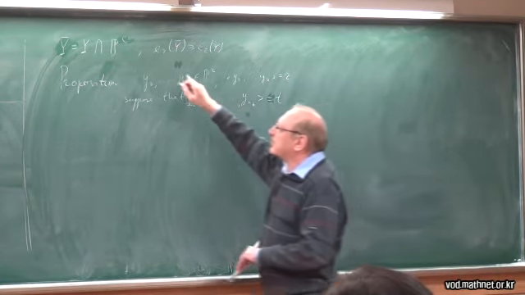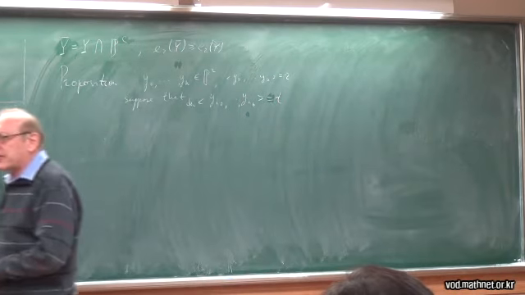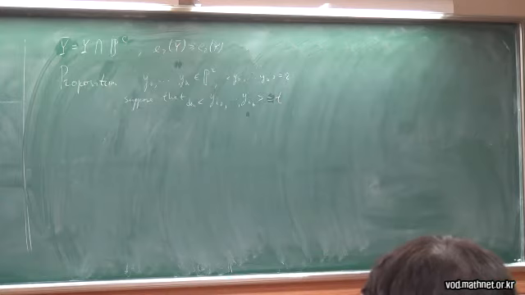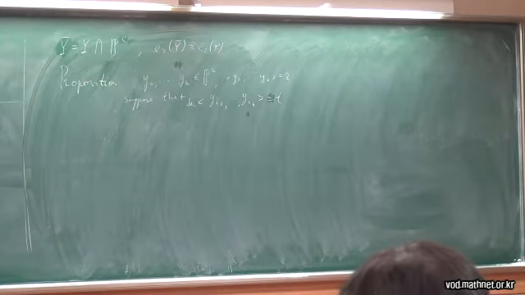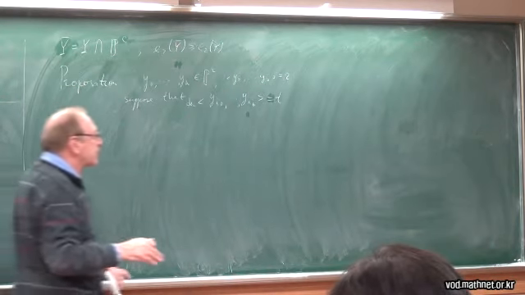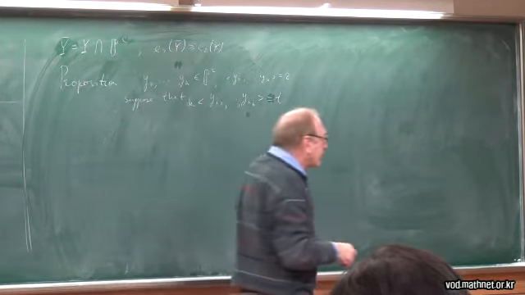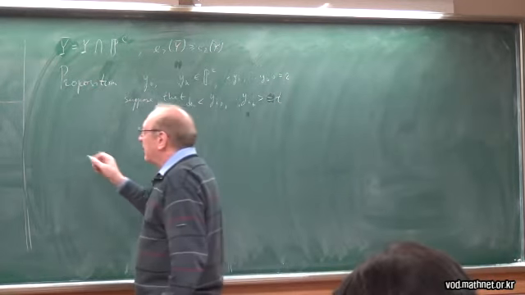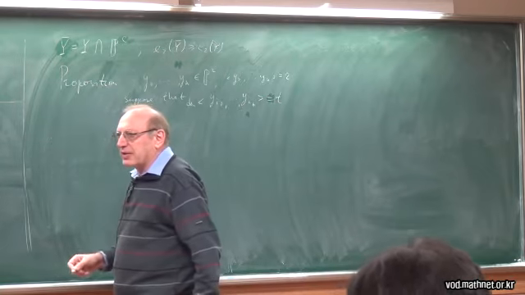So for any collection of points, we define this number t as the number for which any t plus 1 points are in general position, but there exist t plus 2 points for which they are not in general position. For example, if you have 3 points on a line, then t is equal to 1.